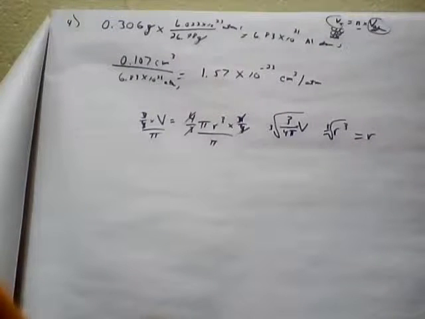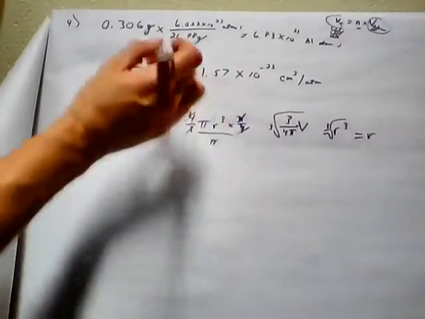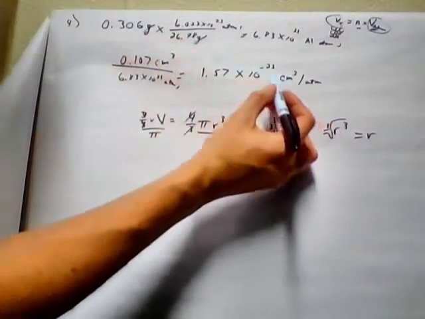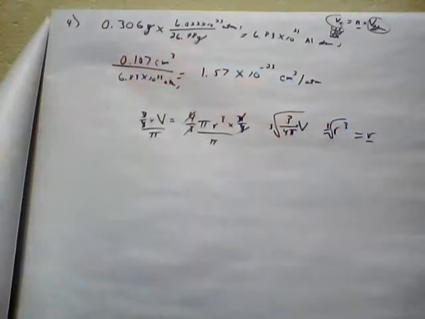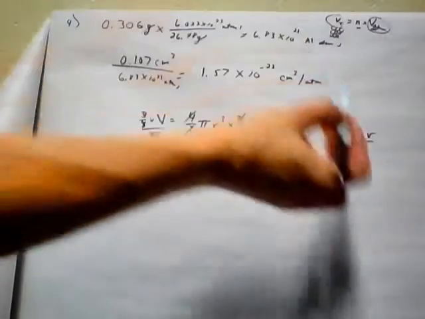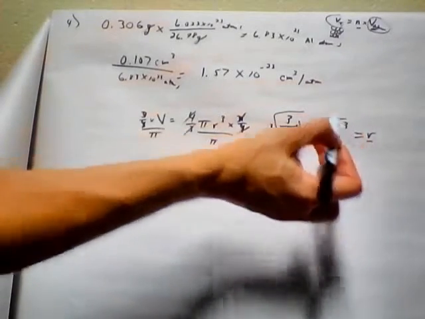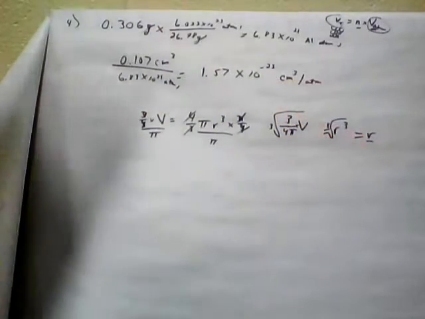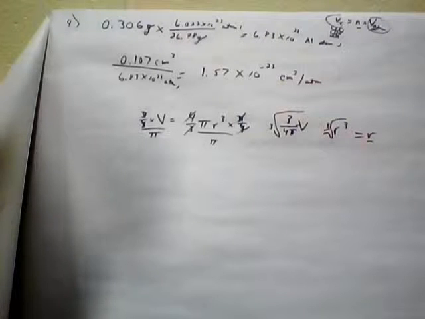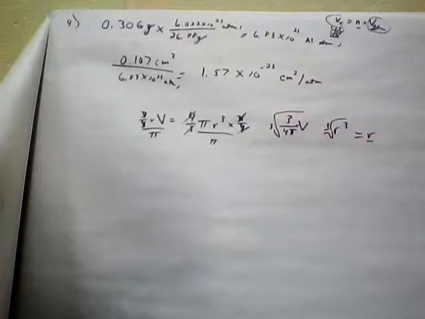One thing to keep in mind is that if the volume I'm plugging in is in cubic centimeters, when I solve for r, I'm going to get a number in centimeters for the radius, because it was the radius in centimeters times centimeters times centimeters.